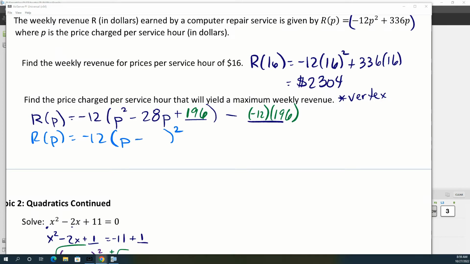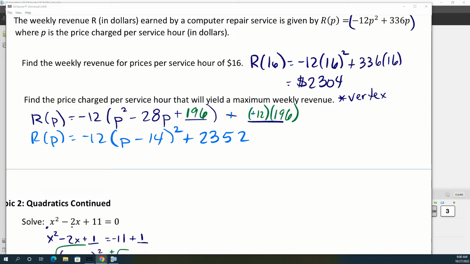So this is what we got when we took half, which was 14. And then minus negative is going to change to a positive, and that's going to be 2,352. So there's two parts to this vertex, 14 and 2,352.